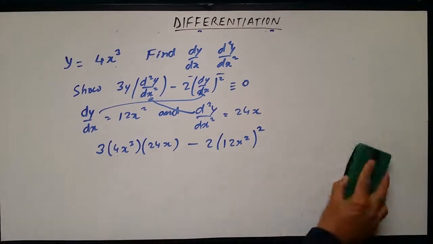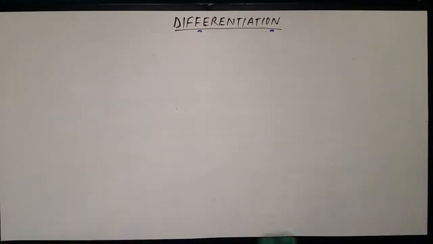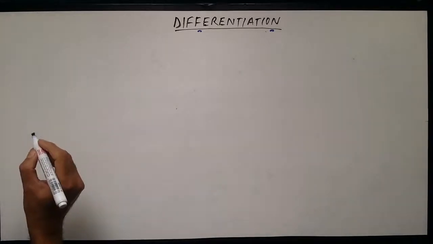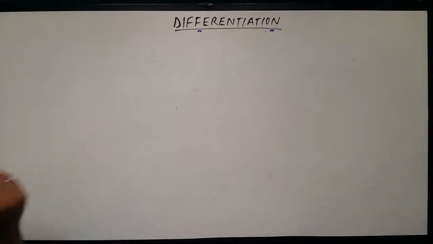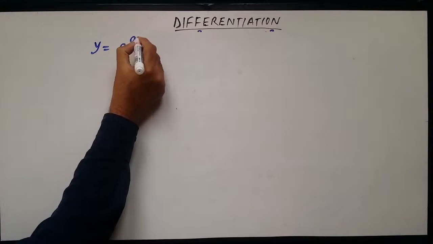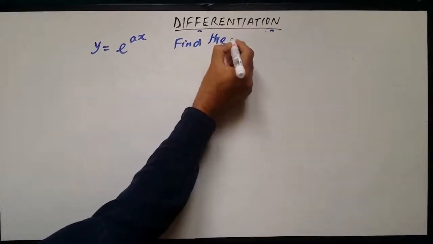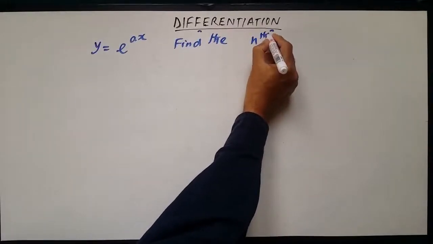Let's take another example of higher derivatives. If y is equal to e to the power ax, find the nth derivative.